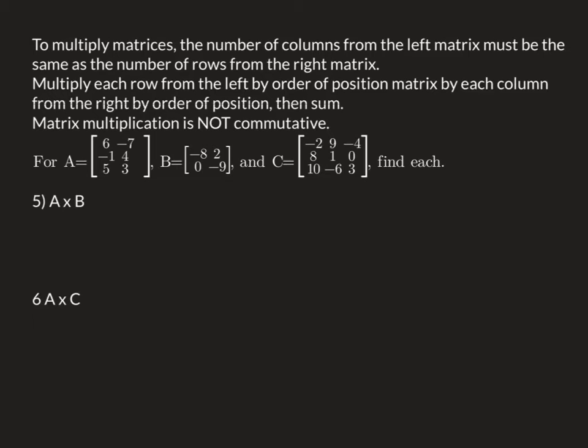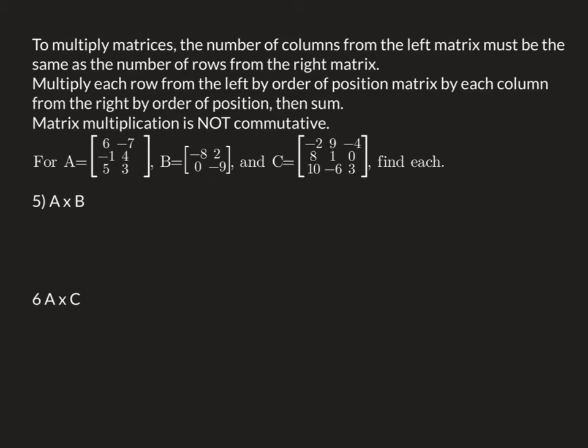We take each row from the left and multiply every element in that row by its corresponding element in the column of the rightmost matrix. So whatever comes first in the row gets multiplied by first in the column, then second in the row is second in the column, and so on.